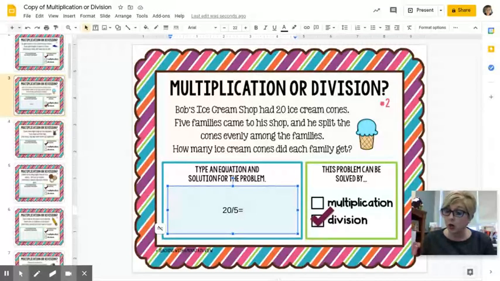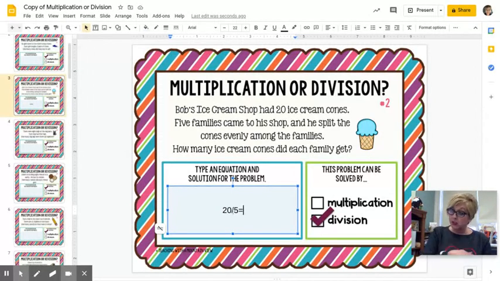If I was going to solve that, I could use cubes. I could use pennies. I could use something to help myself divide that out. Another thing I can think of is, remember, division is the reverse of multiplication. So I'm going to think, what number times 5 gives me 20? Blank times 5 is 20.